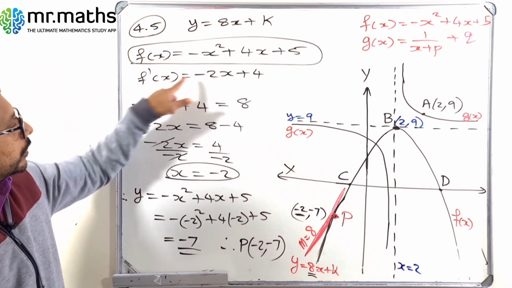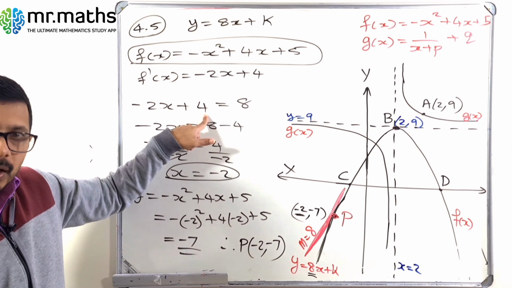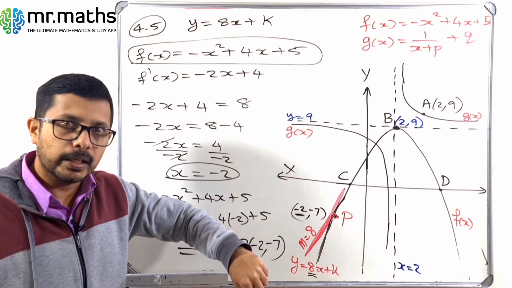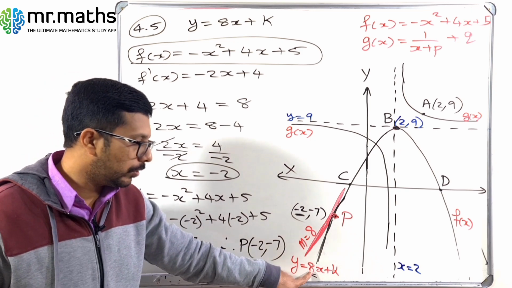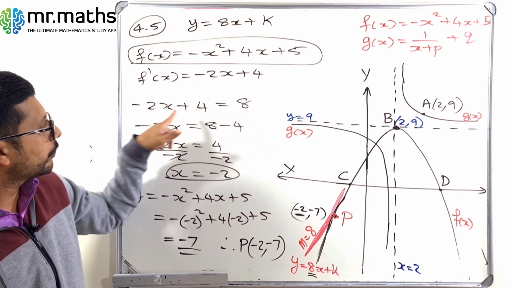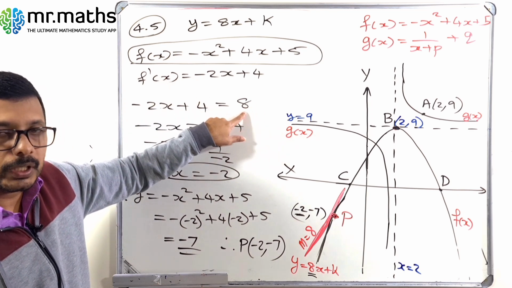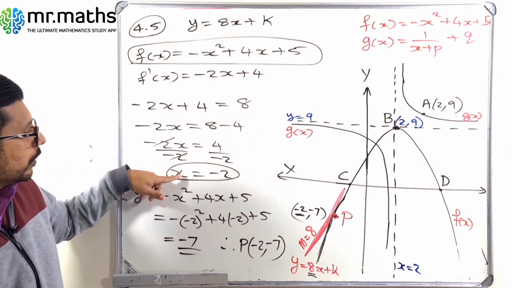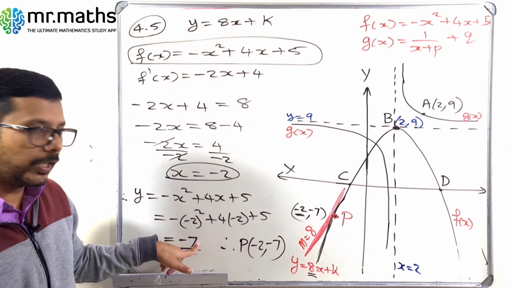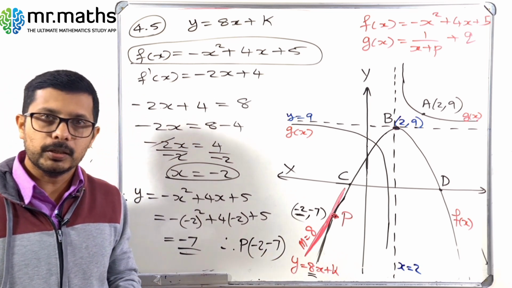I found the derivative minus 2x plus 4, and after I substitute the x value of p, I am supposed to get the gradient as the answer. We know that the gradient is 8. So from there you solve x is equal to minus 2, substitute, then y is minus 7. So the coordinate of p is minus 2 comma minus 7.